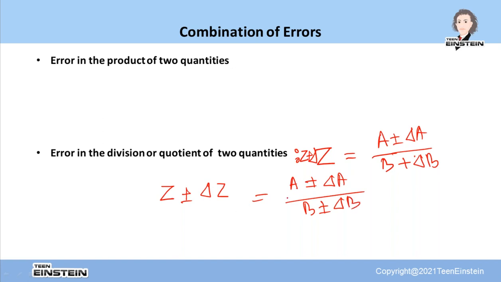Okay, now look, what you can do is a plus or minus delta a, this I can just think, I'll just take delta b with a minus here. Then I'll just do a little bit of simplification.